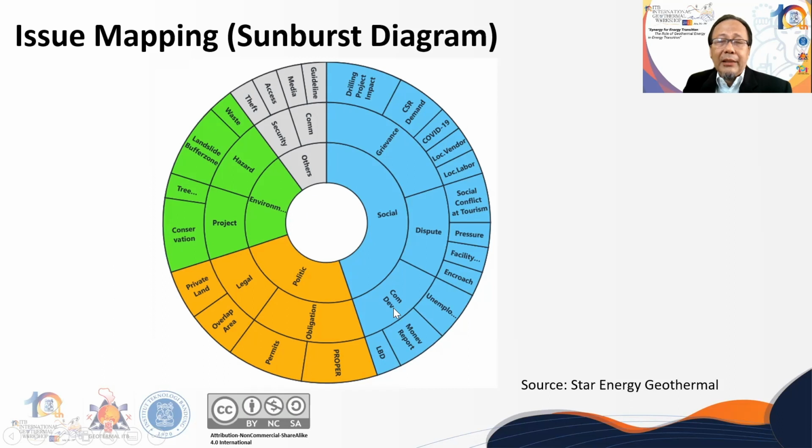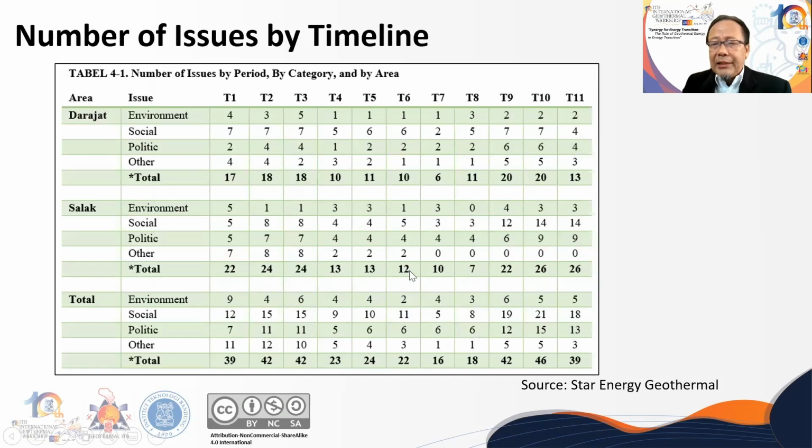It looks like the social category takes more attention and has a lot of issues for the geothermal operation. If you look at these numbers, those are the number of issues in one area called Darajat. There are environment issues, social issues. It looks like Darajat has a big social issue all the time, but not in the last one.